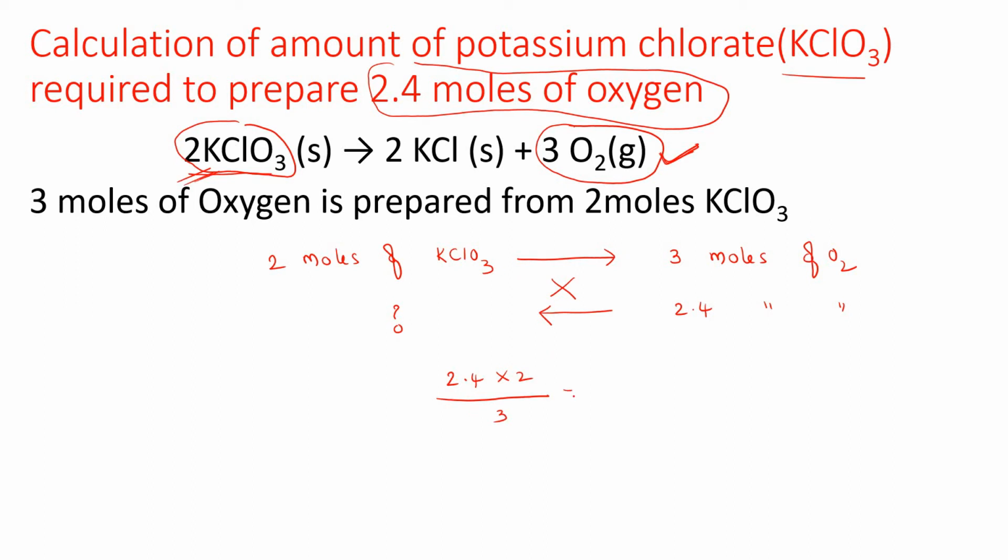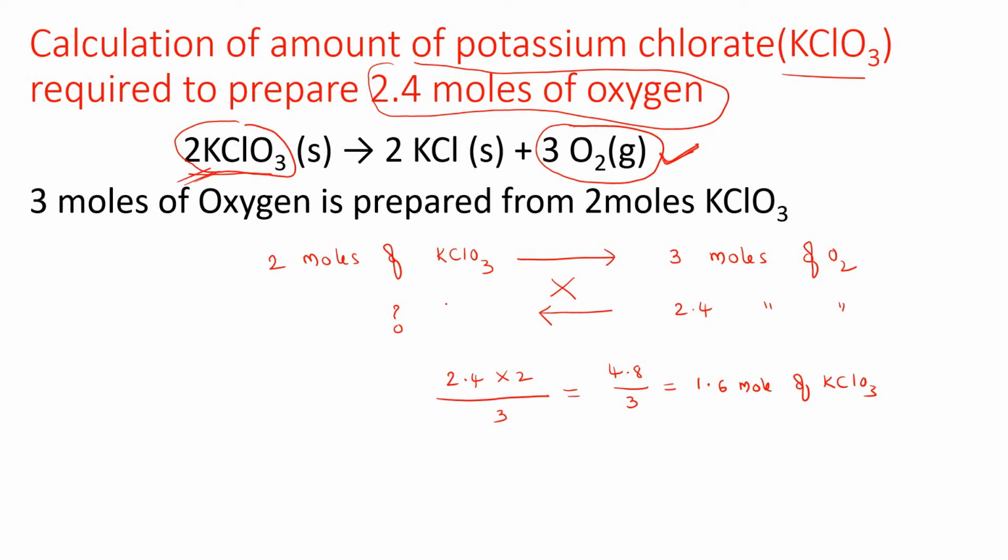Now how much are we going to get? 4.8 by 3. If we do this calculation, we get 1.6 mole of KClO3, isn't it? You want it in terms of grams.